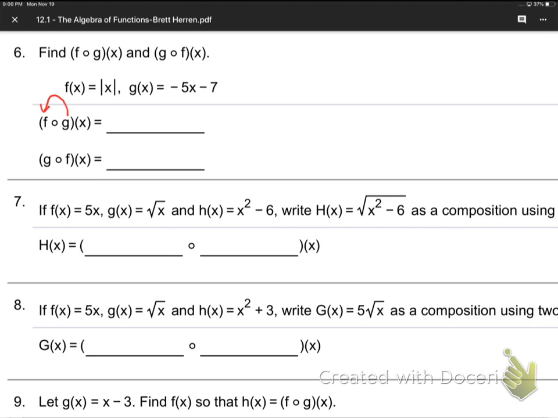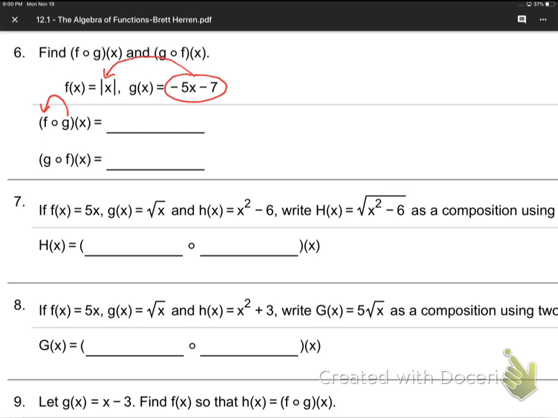So take all of g and plug it into f. So all of g plugged into f.